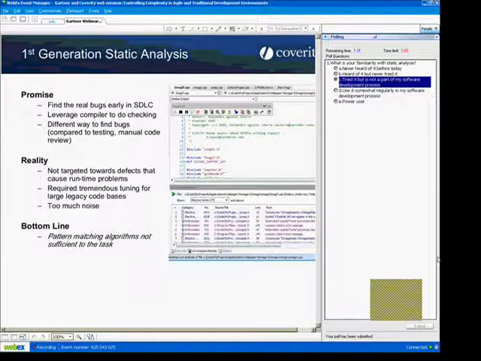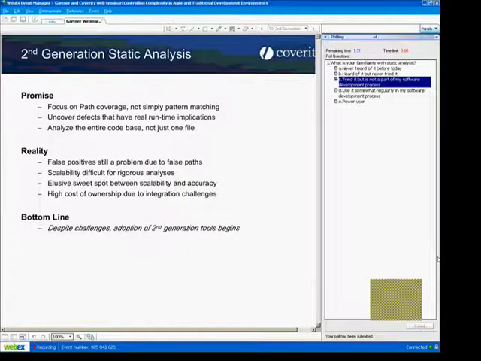So a number of years passed, and then a new wave of static analysis was introduced into the market. The focus here was on path coverage, not simply pattern matching at a high level, the kind of syntactic checking that was part of Lint.